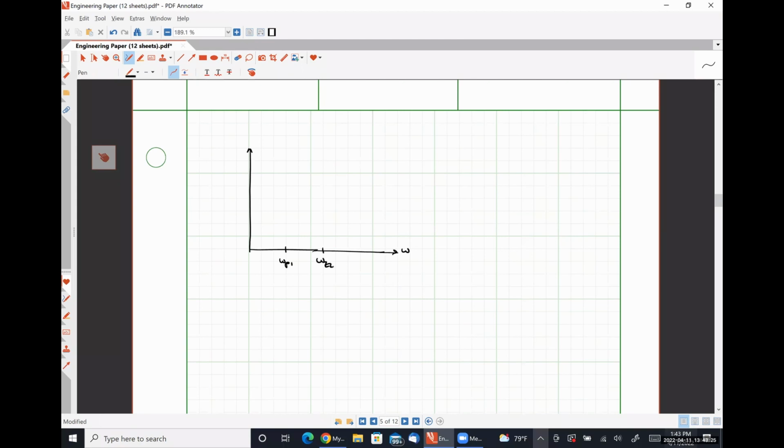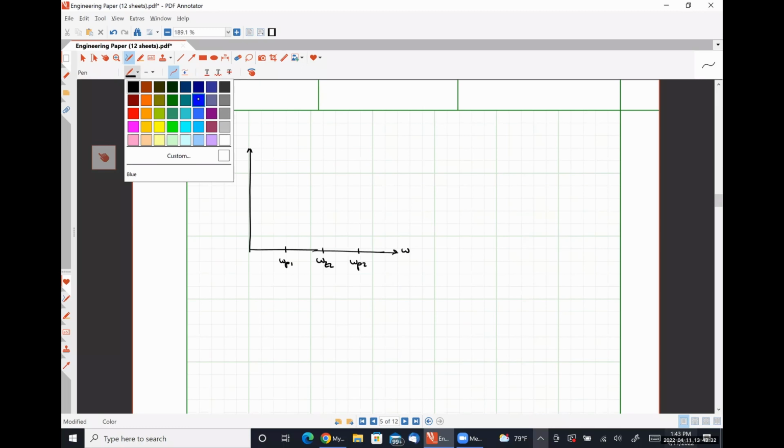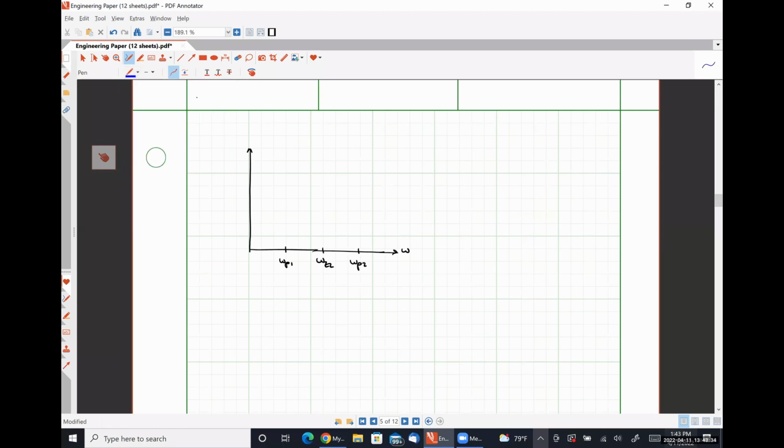This will be omega Z2. This will be omega P2. And it should be increasing at 20 decibels per decade. Flatten out here. Increase again at 20 decibels per decade. Here, like so. Where this slope is 20 dB per decade.